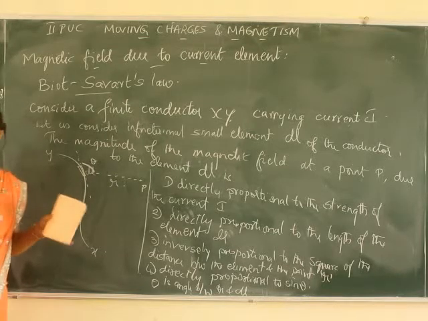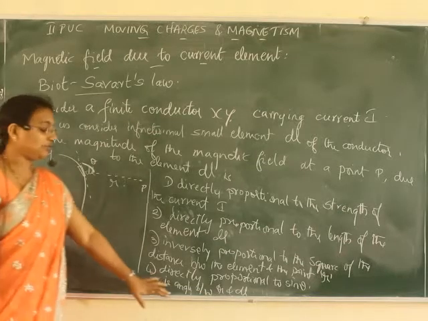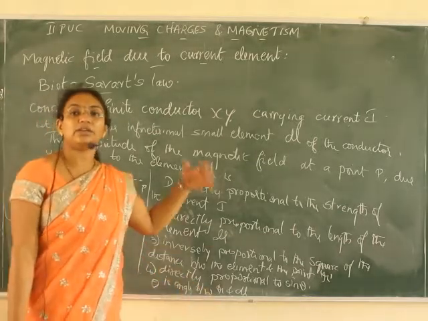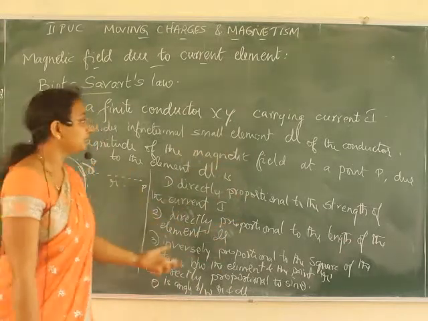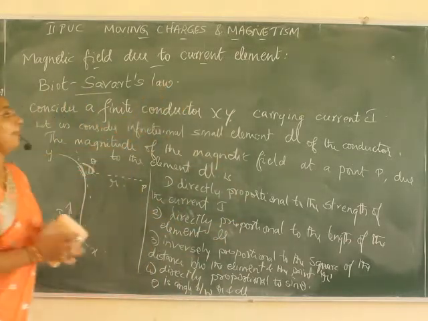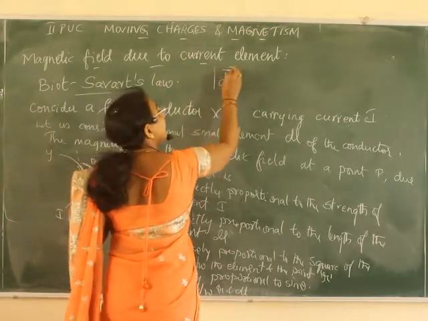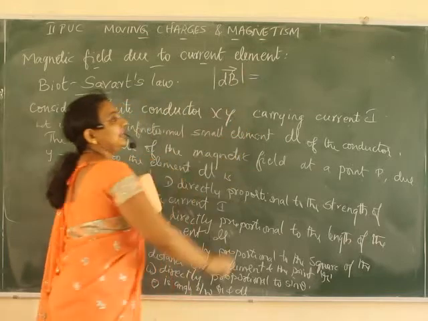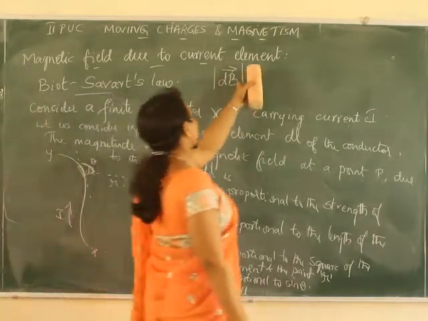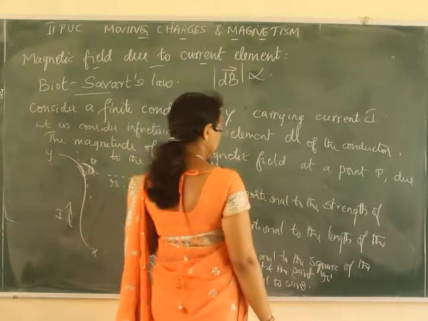So this is about the Biot-Savart's law. Very, very, very important for 3 marks. Till here, if you write, it is not over. You have to write that expression. Magnitude of the magnetic field is directly proportional to what?